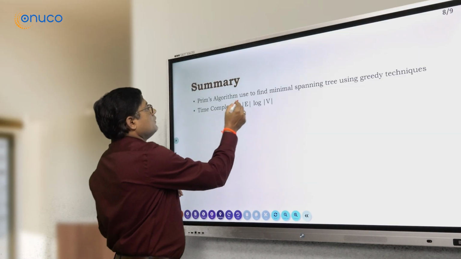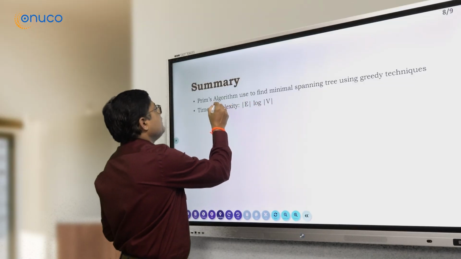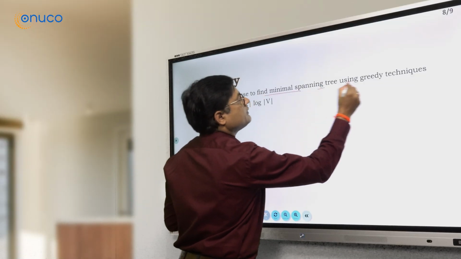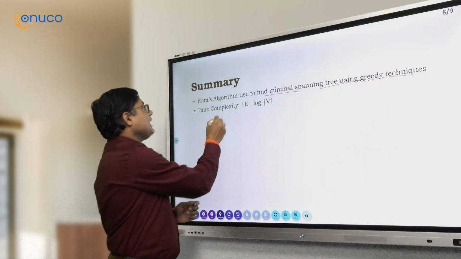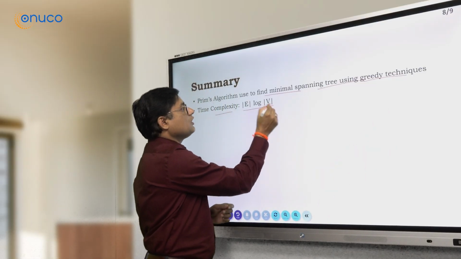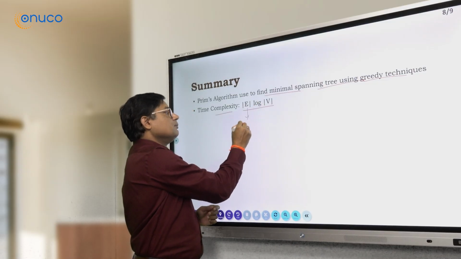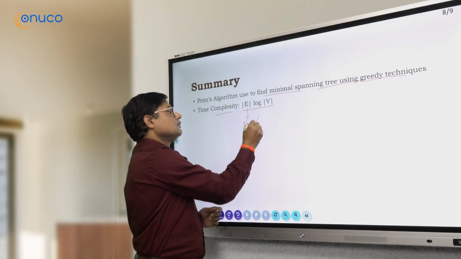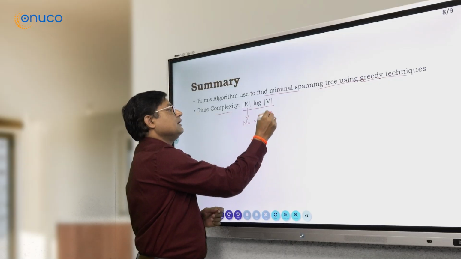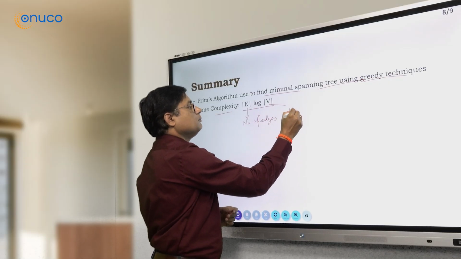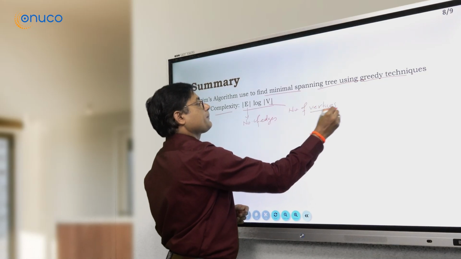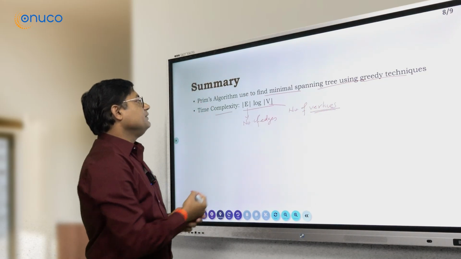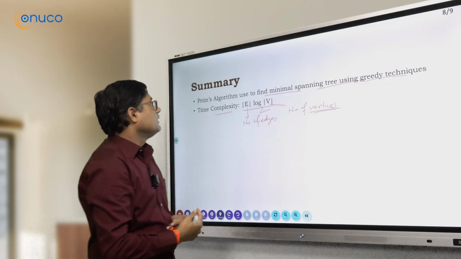Then, summary: Prim's algorithm is used to find the minimal spanning tree using the greedy technique, or greedy method, and the time complexity is E log V, where E is the number of edges and V is the number of vertices. E log V base 2, right?